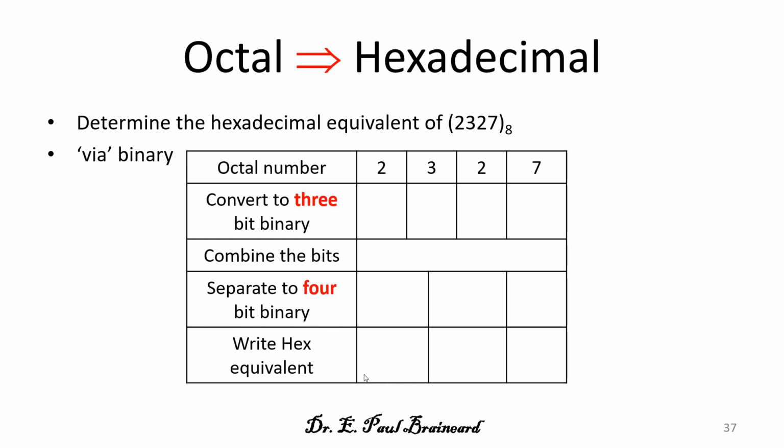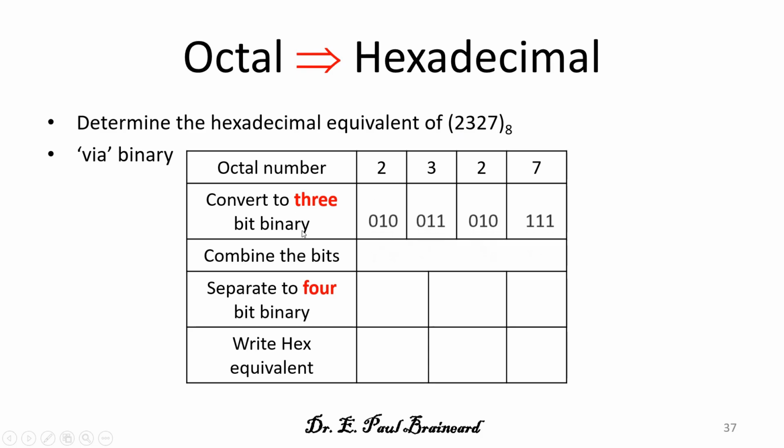Now, let us convert an octal number to hexadecimal. This conversion happens via the binary number system. Let us convert the octal number 2327 into the hexadecimal number system. Convert each digit in the octal number into 3 binary bits.